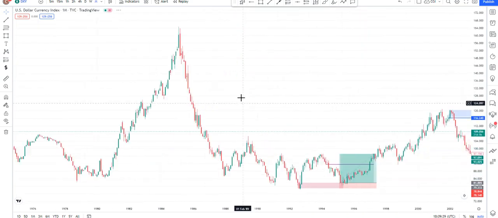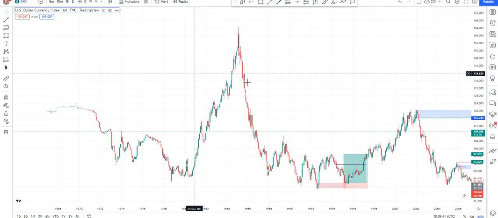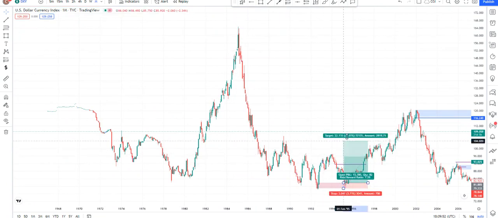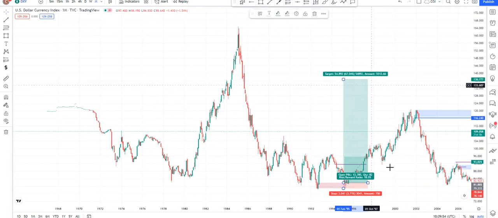So I might also say, look at this whole movement now. We broke market structure here, so that means that I'm waiting for this point right here. I'll now set my take profit up here, and I'm having almost 20R.